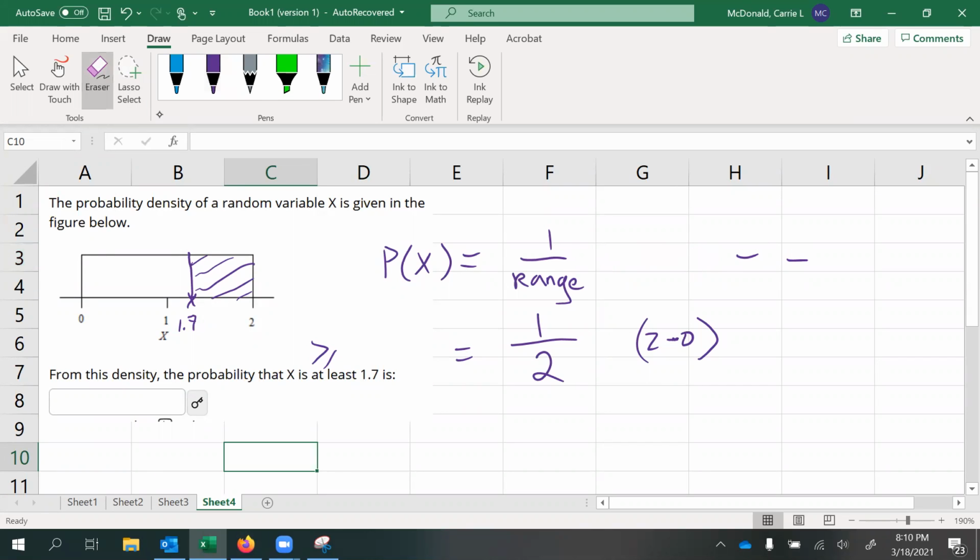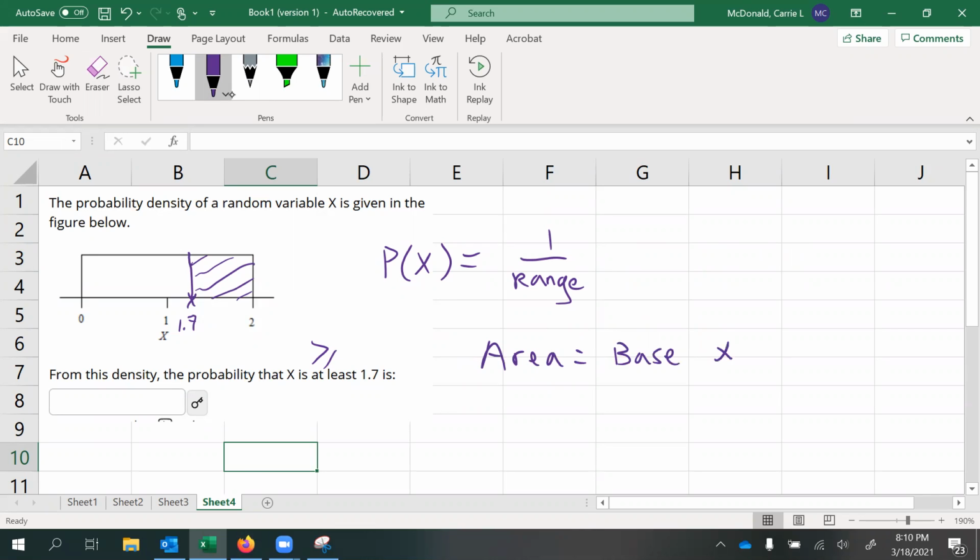I kind of have some weird notation here. Let me fix this a little bit. We want to say that the probability of x is equal to 1 over the range because the area of a rectangle is equal to base times height in general. The area for our random variable should add up to 1, since all the probabilities have to add up to 1.